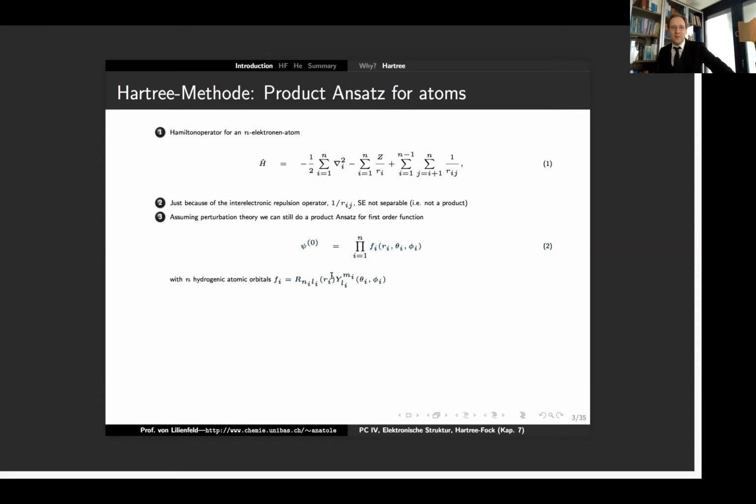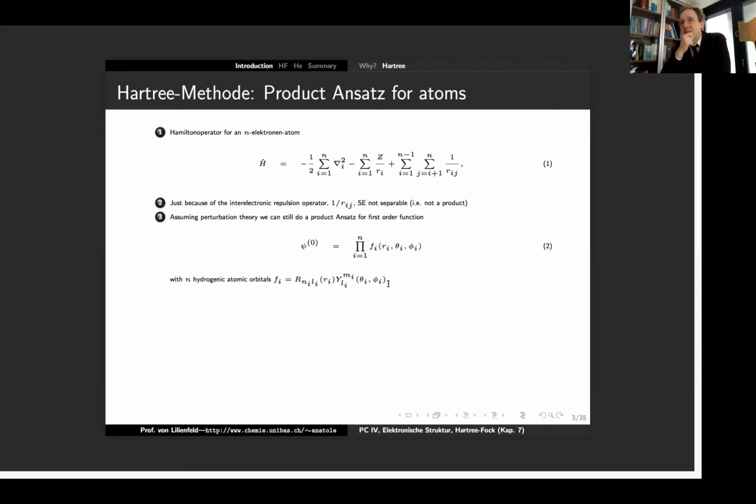You have your angular momentum, Y, and your radially dependent function, R, and you have all the quantum numbers as indices. So the Hartree method presumes that this is an okay ansatz, and basically what we will see now is that this fails horribly.